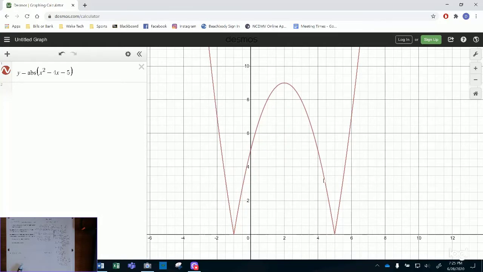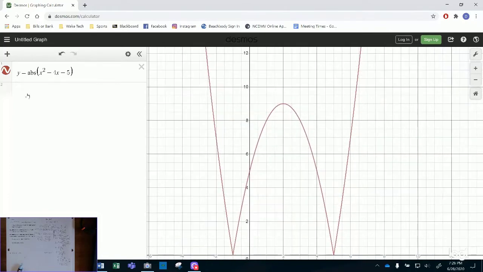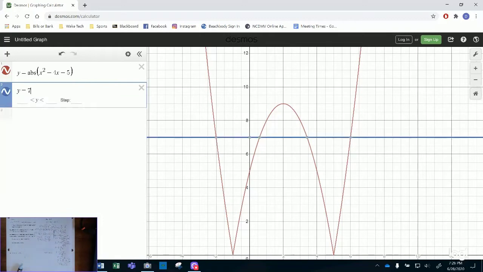Okay, so you can see the function y equals absolute value of x squared minus 4x minus 5. What's happening is absolute value makes everything positive. So this part right here, which wants to be a parabola, got flipped over the x-axis, so it's positive. And then if I put in the right hand side, y equals 7, it turns out that the intersection of these two lines is the solution.